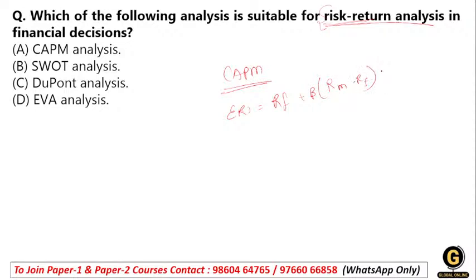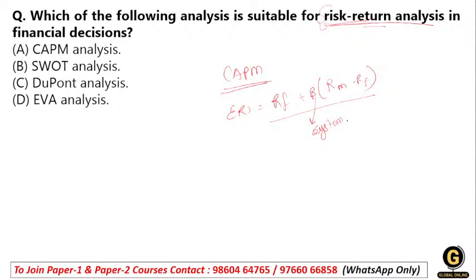Yes, this is the CAPM formula. So in this CAPM formula, we analyze the risk and return, on the basis of which we can take a financial decision. So here you can see this beta is nothing but your systematic risk.